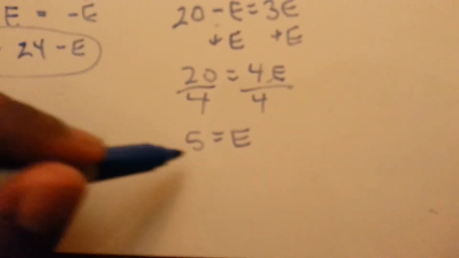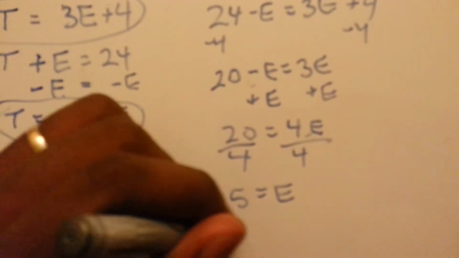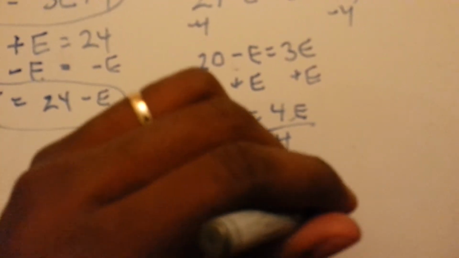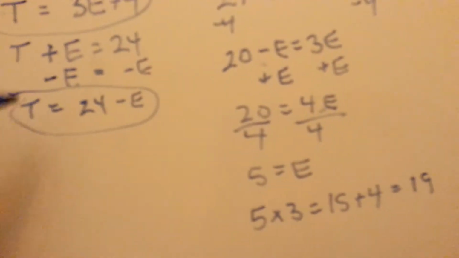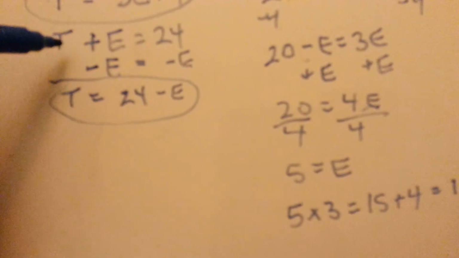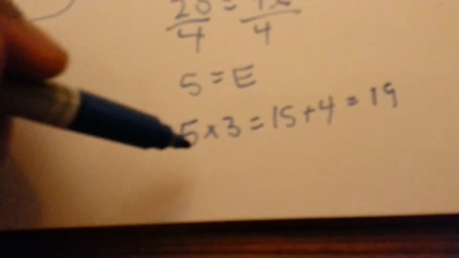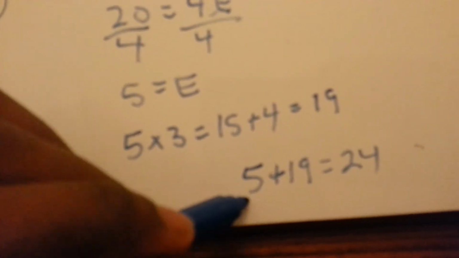So Ed's age is 5, and we know that Tom's age is 3 times Ed's age plus 4. So 5 times 3 equals 15, plus 4 equals 19. And to double check, the problem told us that Tom's age plus Ed's age equals 24. We have 5 plus 19 equals 24. Tom's age, Ed's age.